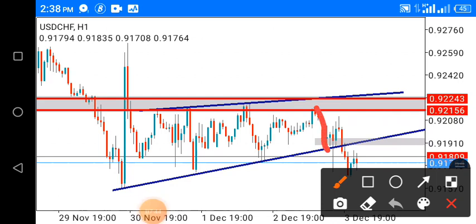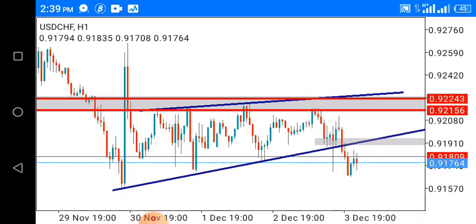Here we'll make a lower high, and from there we'll bounce down. There's another confirmation I normally use, but I don't want to share it here. But for now, that is what I'm expecting of USDCHF to do.